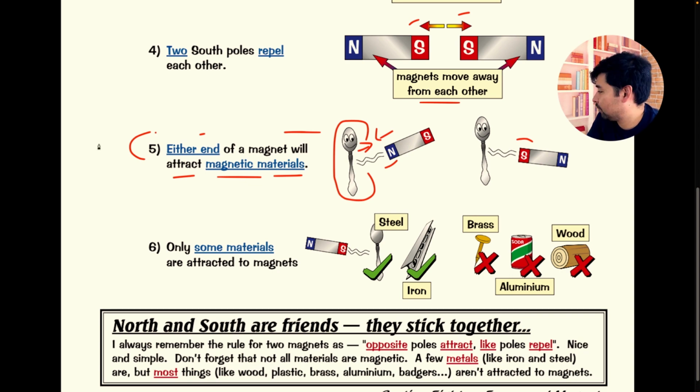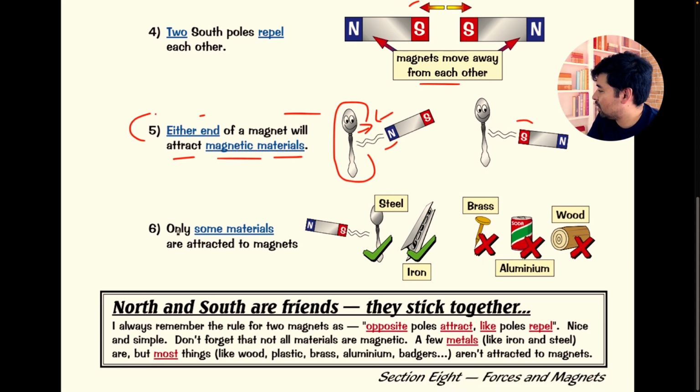It's an attraction. And number six: only some materials are attracted to magnets. Not all materials are attracted. Not all. This is good because it will make a correction of something that I said before.